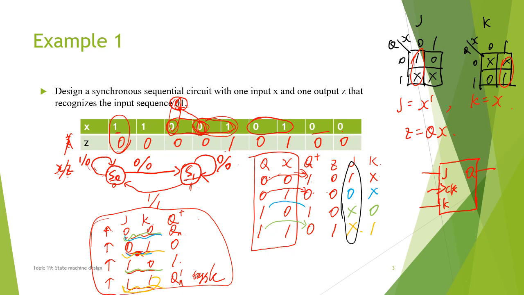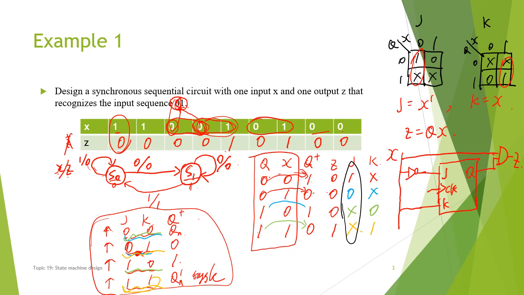So J is actually equal to x prime, sorry, and K equal to x, and z equal to q and x. So that's the logic diagram to realize this sequence detector.